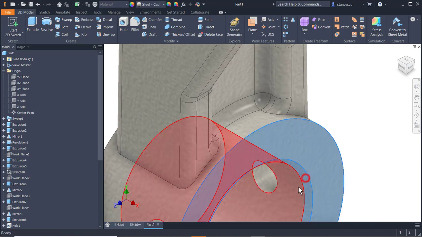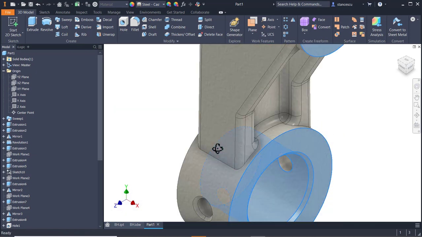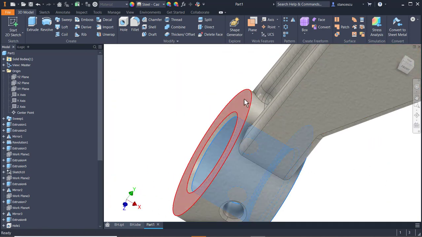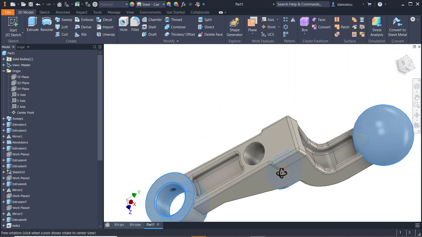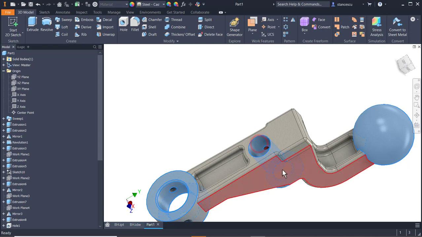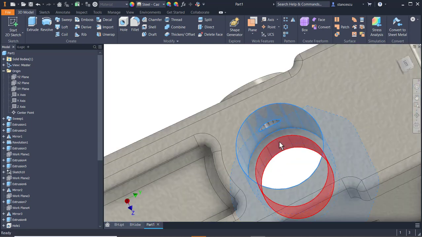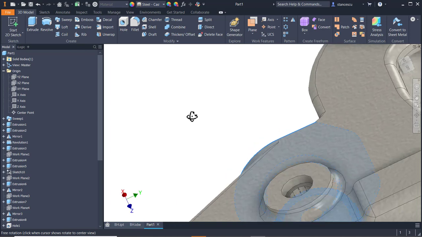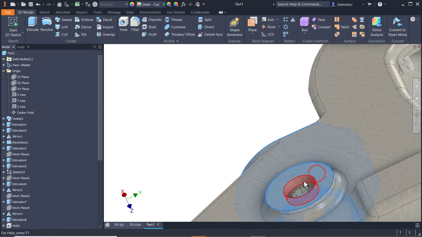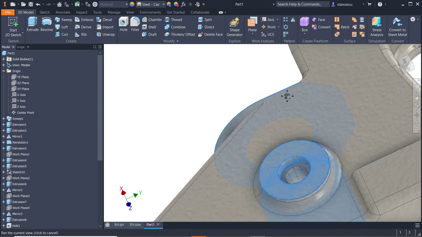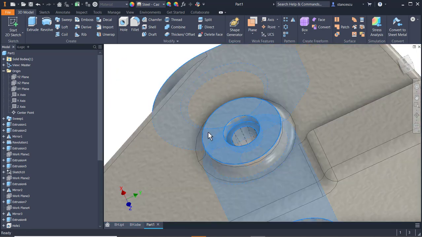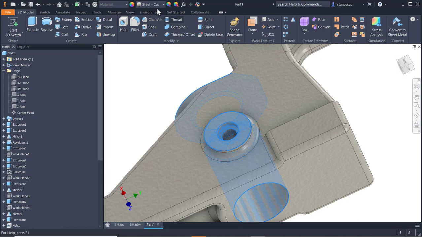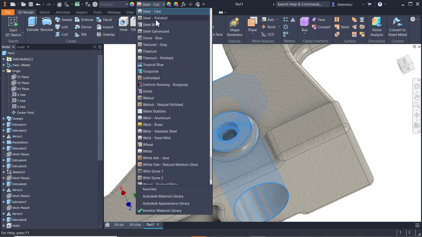I keep pressed the Shift key to select other and other faces, as I told you. To be polished.